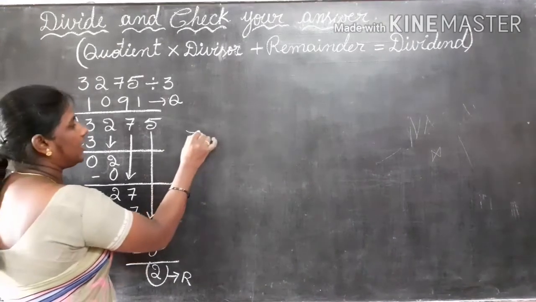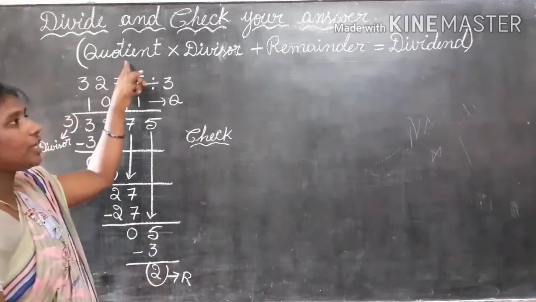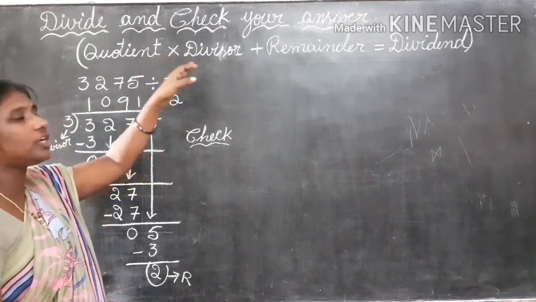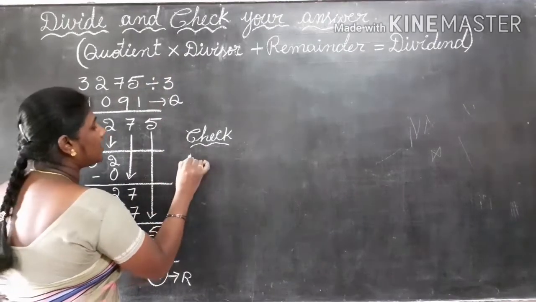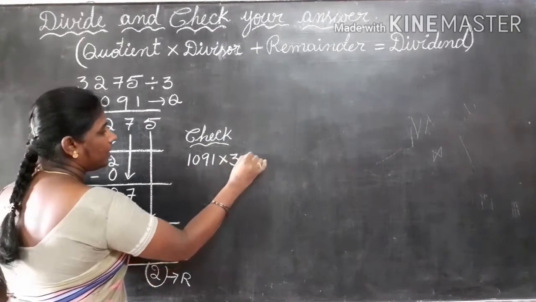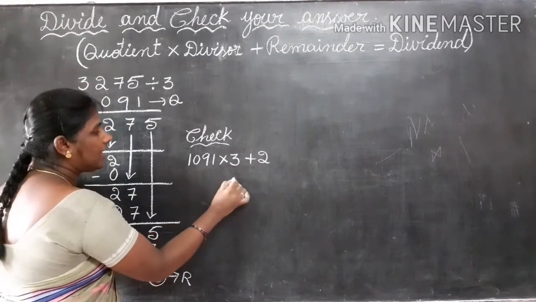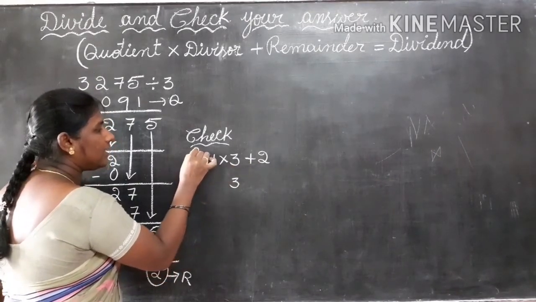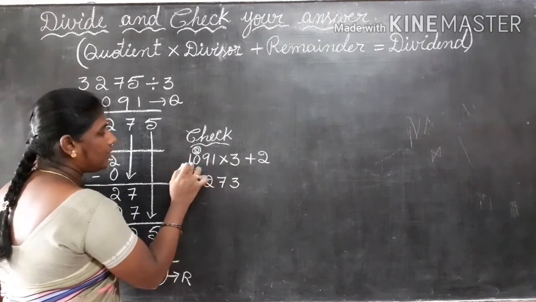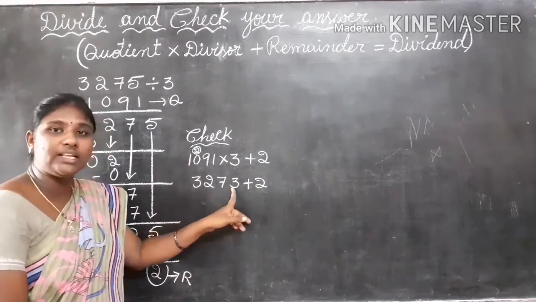We have to do check for this. What is the check for this? Quotient into divisor plus remainder. What is the quotient? 1091 into divisor 3 plus remainder 2. So multiply with 3. 3 ones are 3, 3 nines are 27. 2 here, 7 here. 3000 plus 273 plus 2, 3273 plus 2.